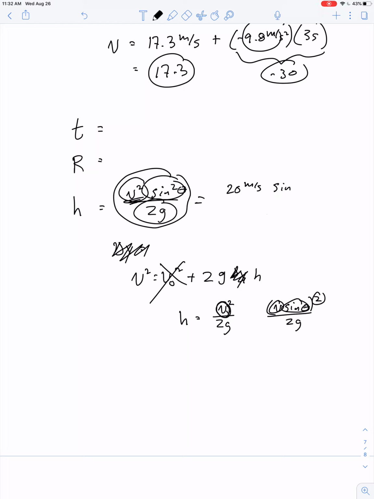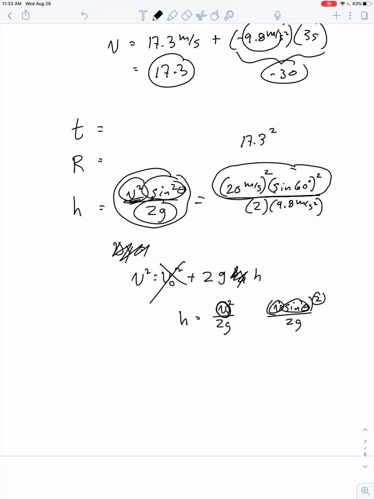And then we're going to take the sine of 60 degrees and square that, and then divide that by 2 times 9.8 meters per second squared. But the end result is, this 20 is squared, so when we do 20 squared multiplied by the sine of 60 degrees squared, that's going to give us the same thing as if we were to just square 17.3 to begin with.